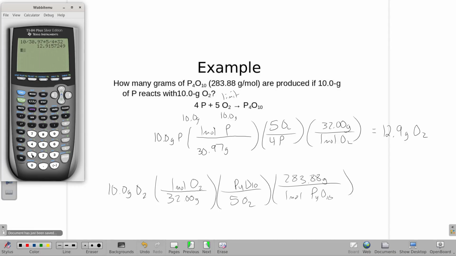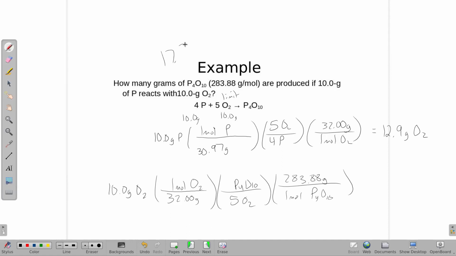So now we take that 10, divide it by 32, divide again by 5, and then multiply by 283.88 to give us that this would make 17.7 grams.